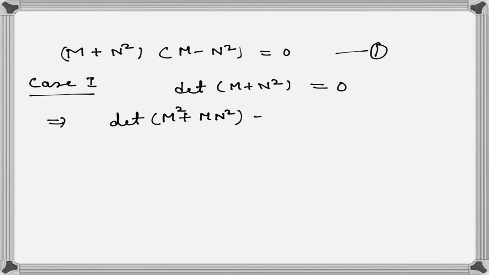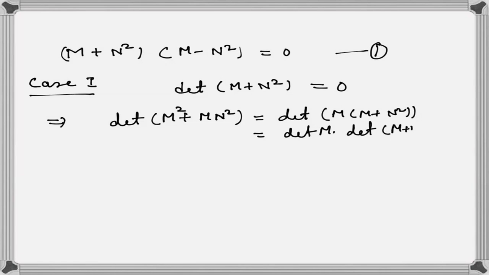So this determinant I can write as determinant M into M plus N square. This is equals to determinant of M into determinant of M plus N square, and determinant of M plus N square we are considering to be 0. So this is 0. In this, 0 is the scalar, so don't get confused with these zeros. So this determinant is 0, so the first part is done under this case.